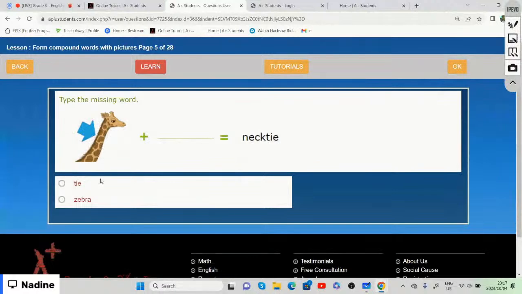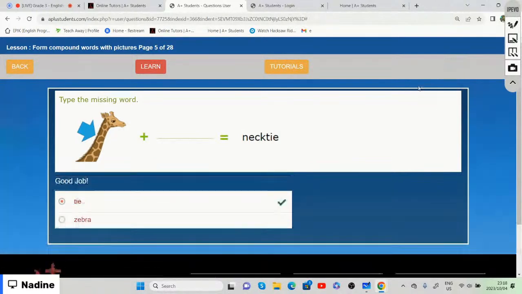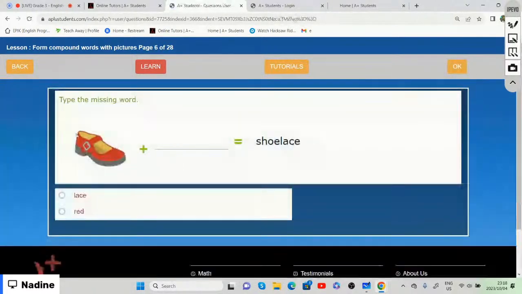So is it neck plus tie or neck plus zebra equals necktie? We will say tie, right? If you chose tie, then well done. Tie is correct. So we're just going to do that five and you will do the rest.